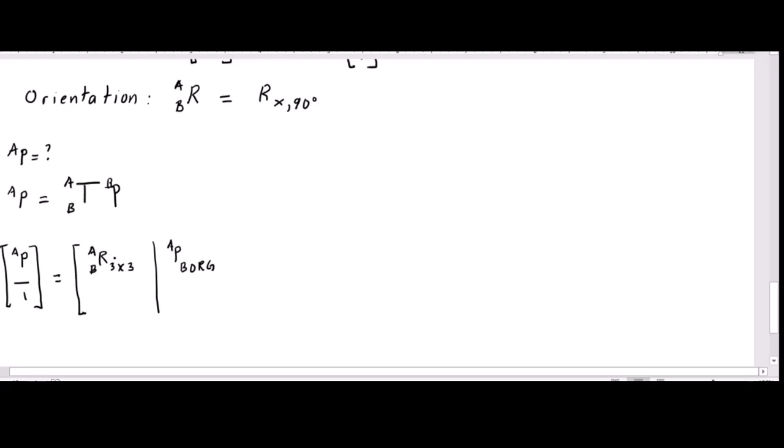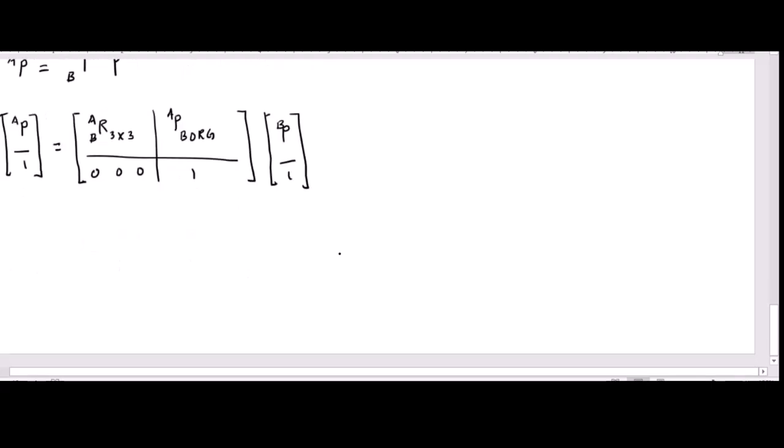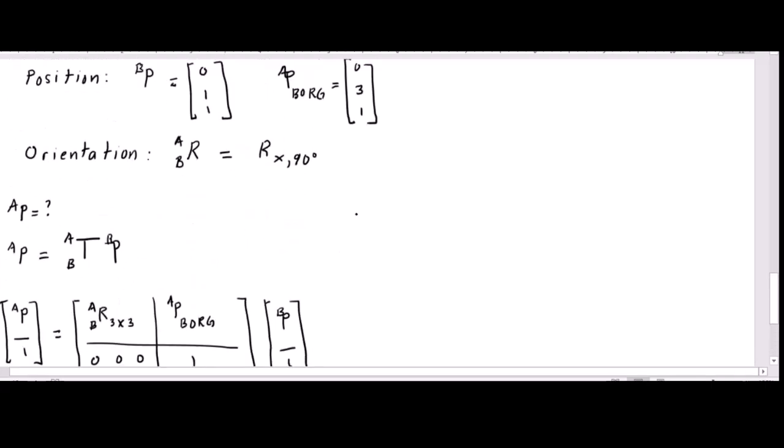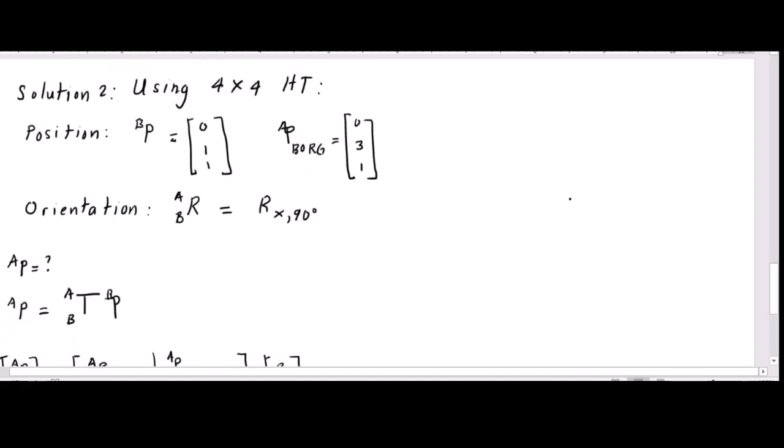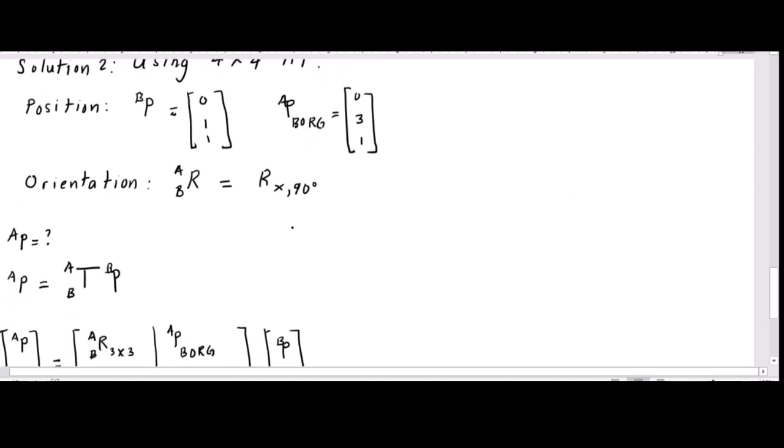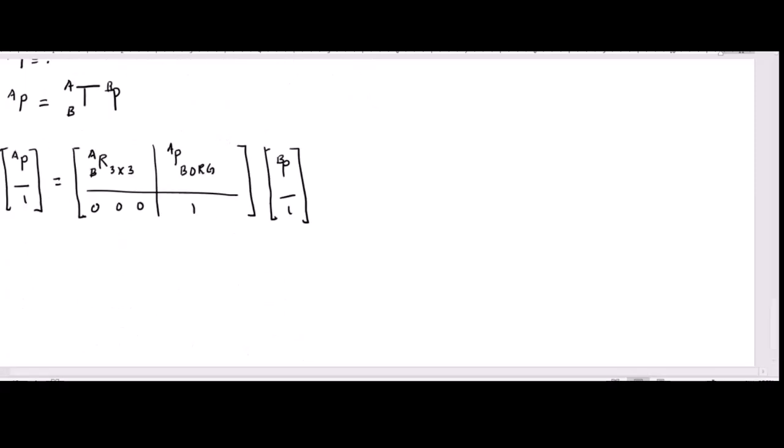This is rotate and translate, and insert 3 variables 0, 0, 0, and 1. This is the 4 by 4, and multiply that with P to B, which is 4 by 1. So this is P to B over 1. Continue. Substitute that one, continue with the P to A.